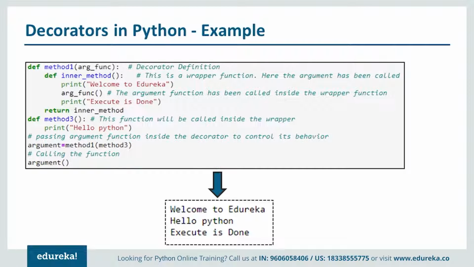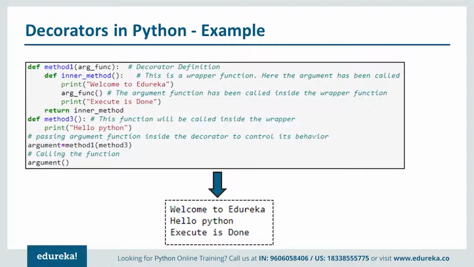In this case, we have a method called method1, in which we are giving an argument as a function. We have an inner method over here which prints welcome to Edureka, and we call the function called arg_func, and then we print execute is done.